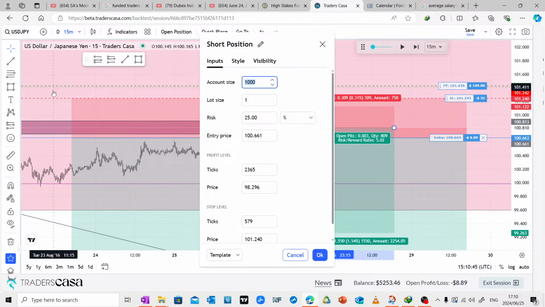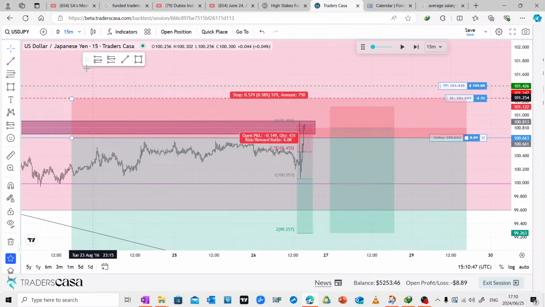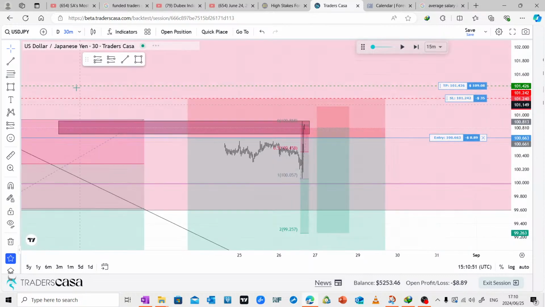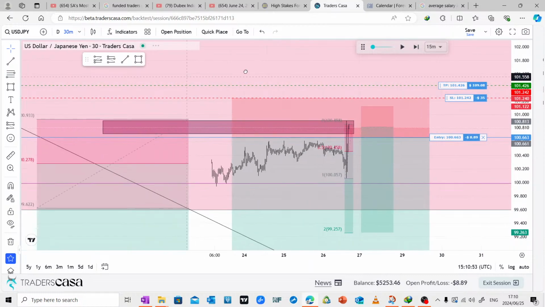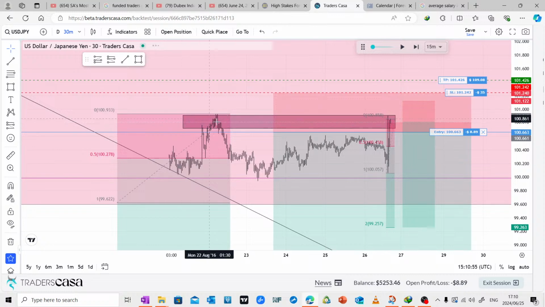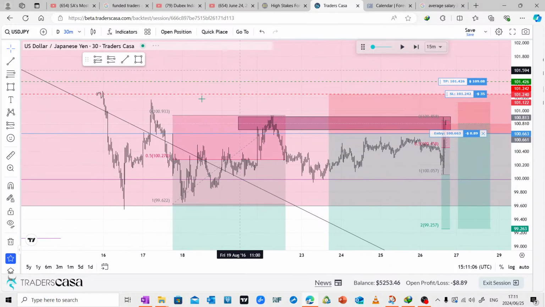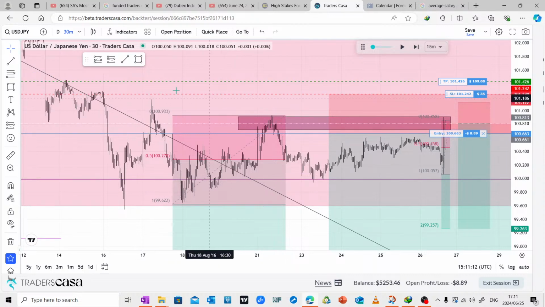So in terms of that, let's look left a bit. Let's go to 30-minute time frame. Okay, so we can clearly see we've got our bearish order block here, and we've now got double highs. So if the market taps into it, it might just come closer to this high, since they're relatively close. So I feel like this high could be the last one respected, so I'll put my stop just above it.